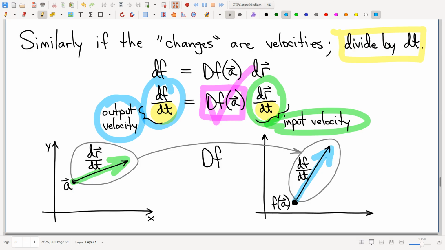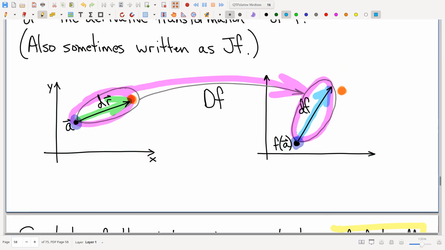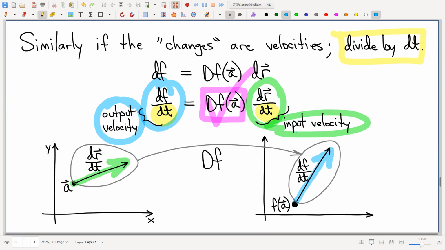So you can think of the derivative as a relationship between discrete changes. Just for cleanup purposes, let me do that. You can think of the derivative as a relationship between discrete changes, or you can think of it as a relationship between instantaneous rates of change. By the way, notice that in each case, whether you're interpreting the input vector as being a discrete change or a velocity as a rate of change, in either case it's represented by a vector, right?